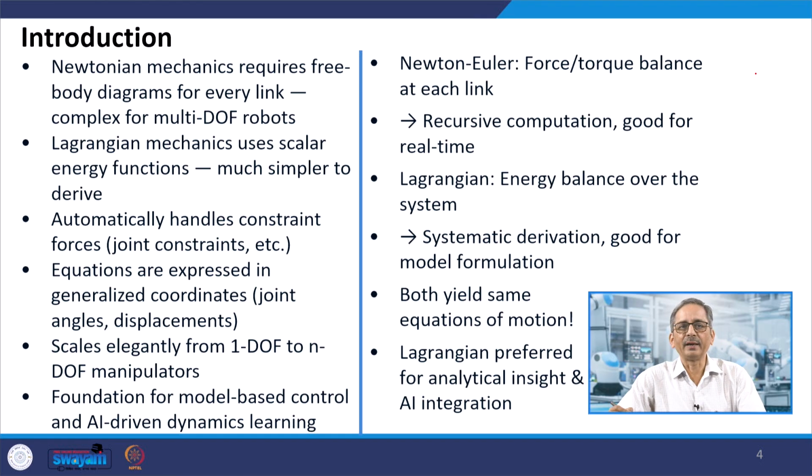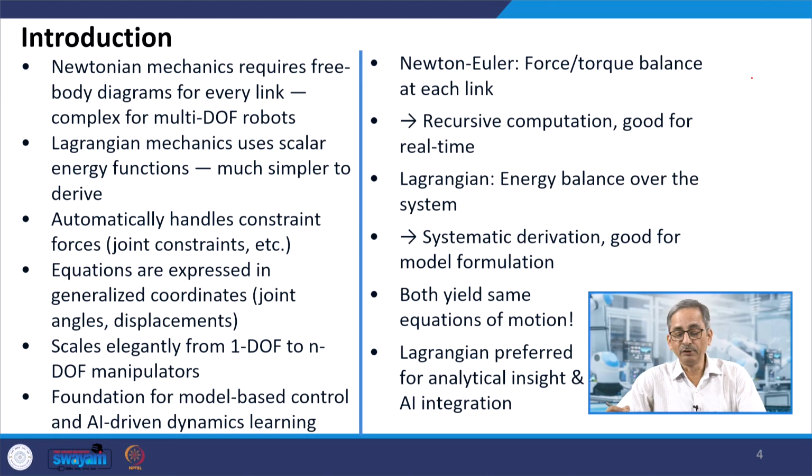It automatically handles constraint forces, and equations are expressed in generalized coordinates, which could be either the joint angle if it is a revolute joint, or the joint displacement if it is a prismatic joint. It scales elegantly from 1 degree of freedom to an n degree of freedom manipulator, and it is a foundation for model based control and AI driven dynamic learning.